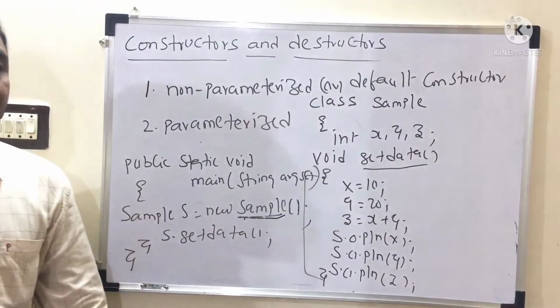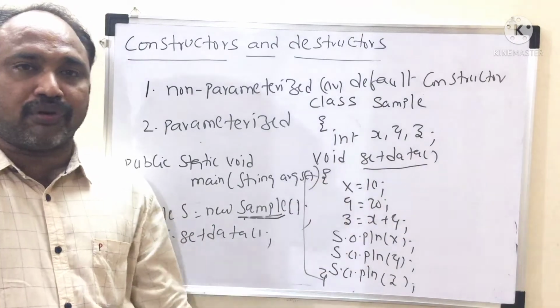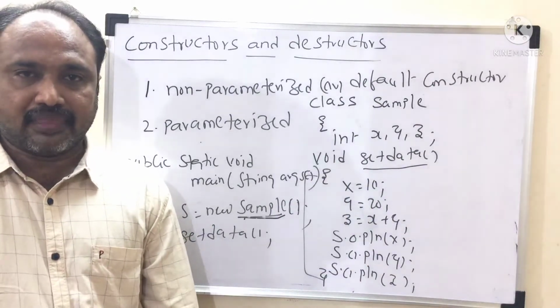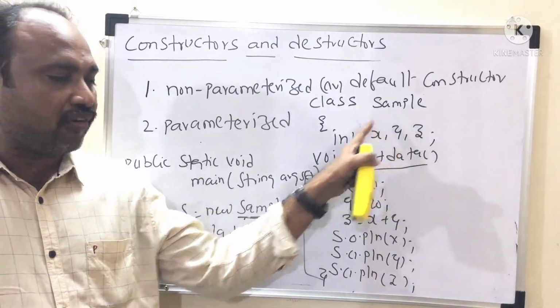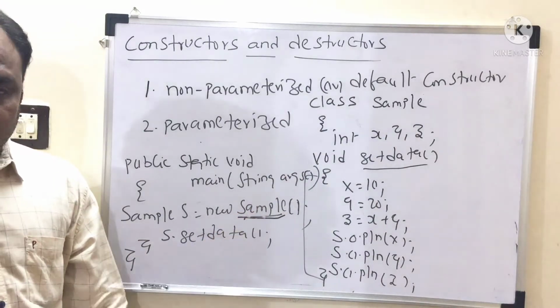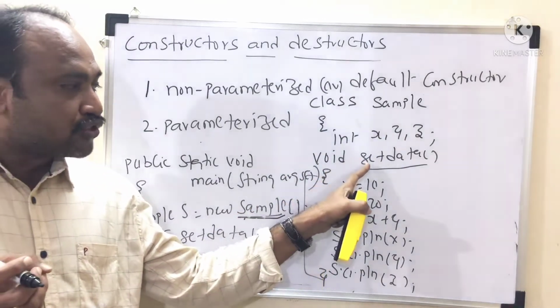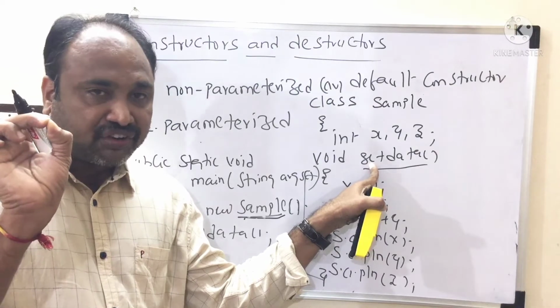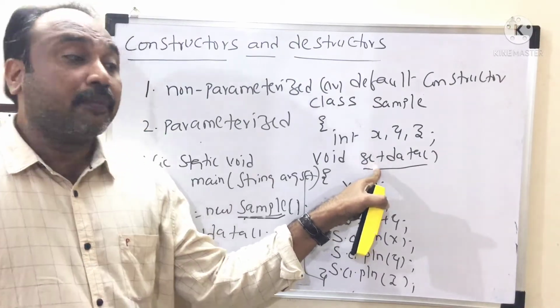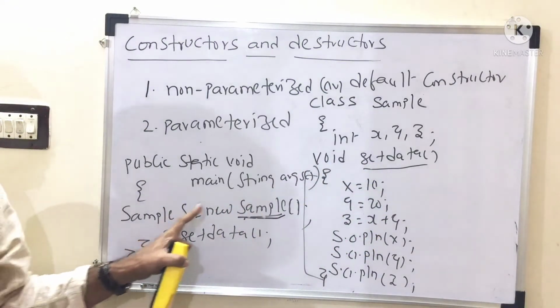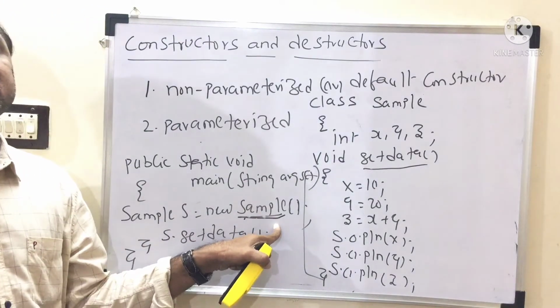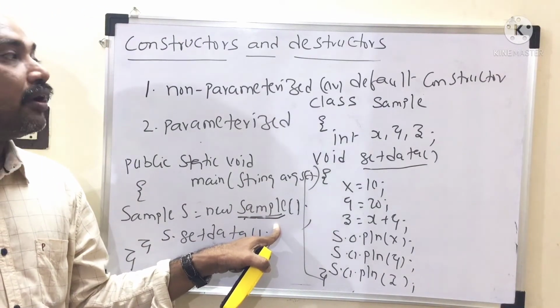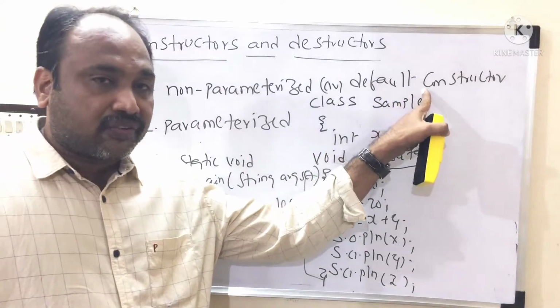When you write classes and object programs in Java, to access class data when you create an object, whether or not we use a non-parameterized constructor in our program, by default one constructor will be executed. This constructor is called the default constructor.